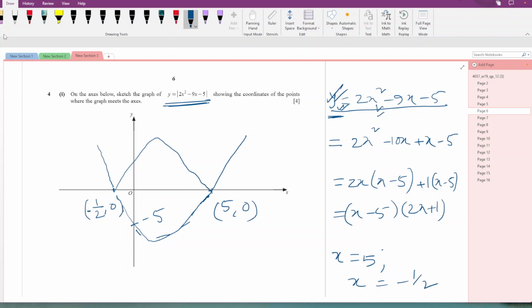Now I remove the negative part. And this point is (0, 5).